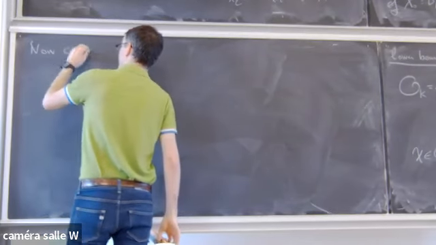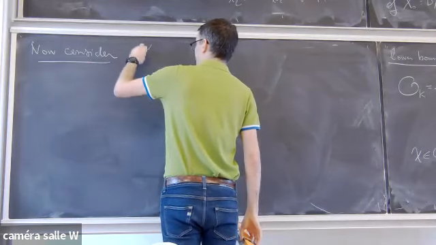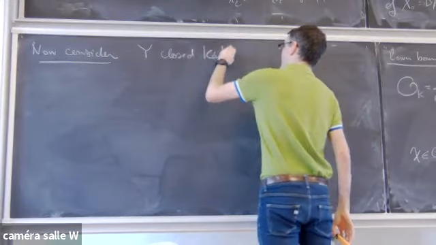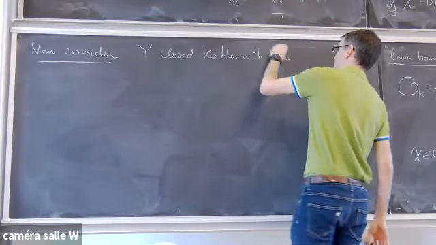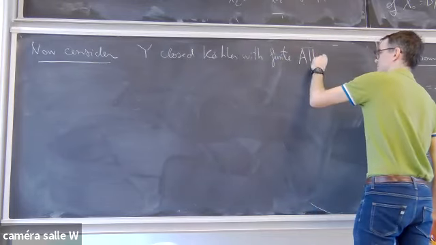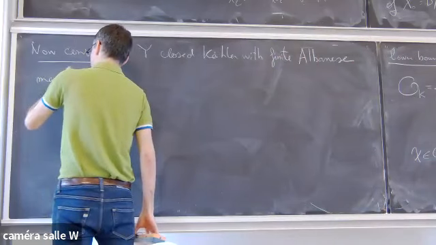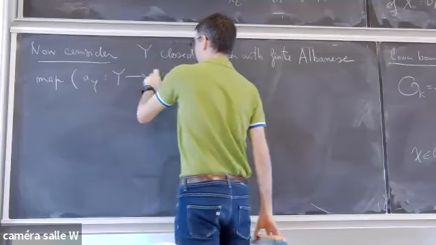So now consider Y closed Kähler with finite Albanese. So this means that you have a map from your complex manifold to the torus.